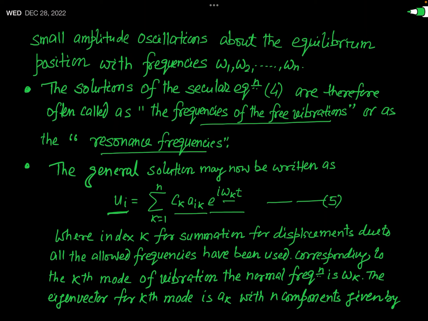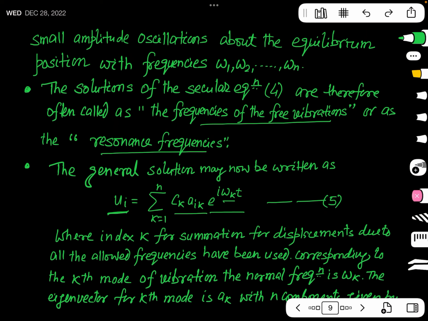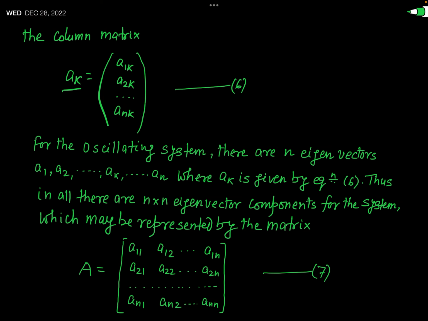Here the ith component of the amplitude, a_k, is just a column matrix given like this: a_1k, a_2k, up to a_nk.